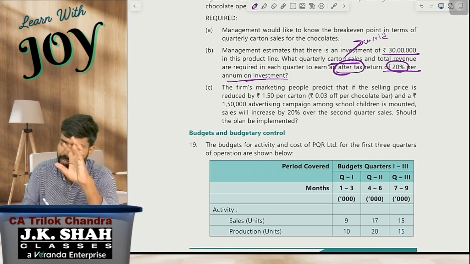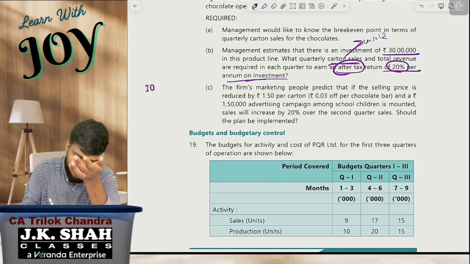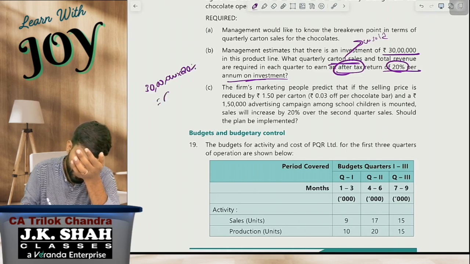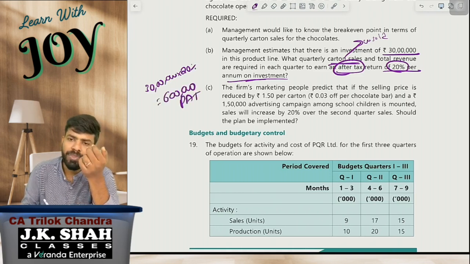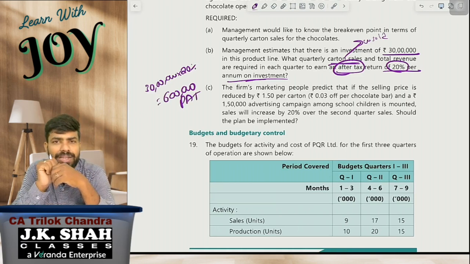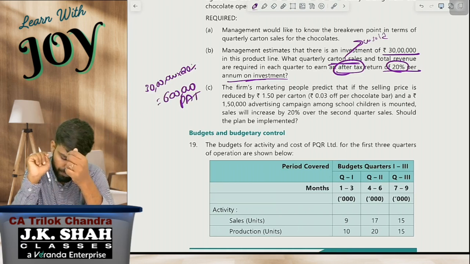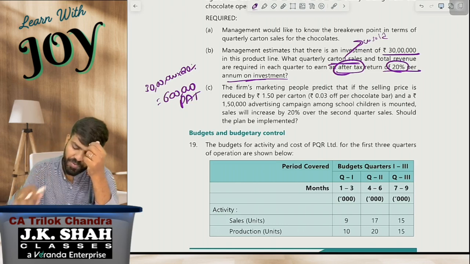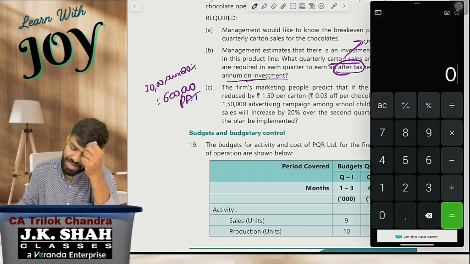First of all, 20% on investment is 30 lakhs into 20%, which equals 6 lakhs. This should be PAT. We want profit before tax. Are you understanding? All of you? How to calculate profit before tax?